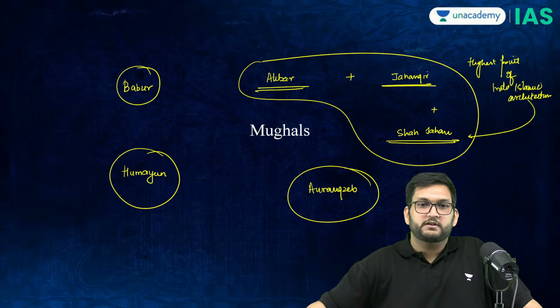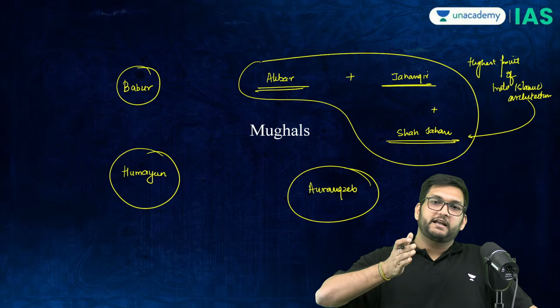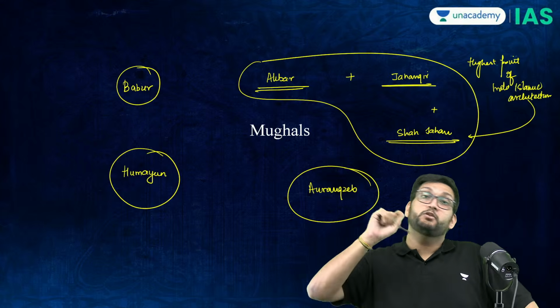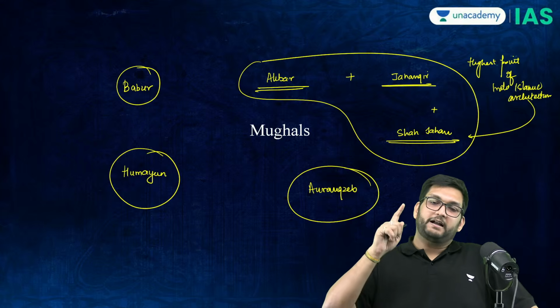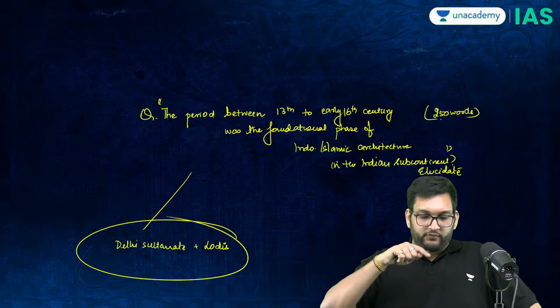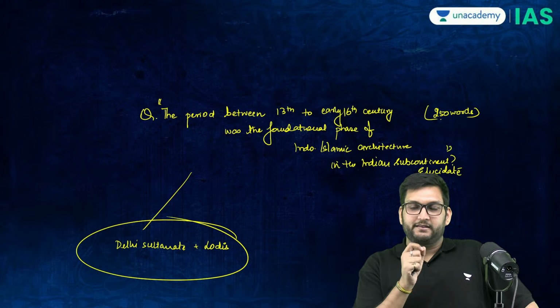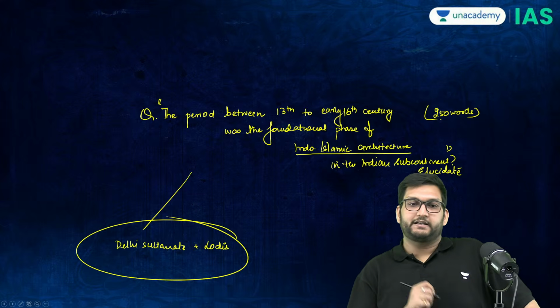If the empire introduced a responsible fusion of Indo-Islamic architecture, why do we not talk about Vijayanagara? Because Vijayanagara is not part of Indo-Islamic architecture. It is part of temple architecture of the medieval period. So for that, you would need a different type of question. This is why I have written Indo-Islamic architecture here.